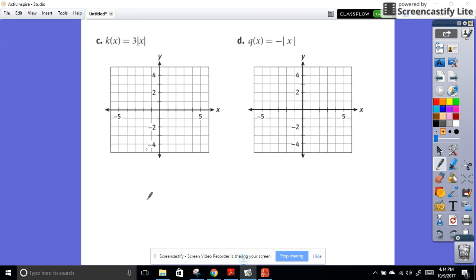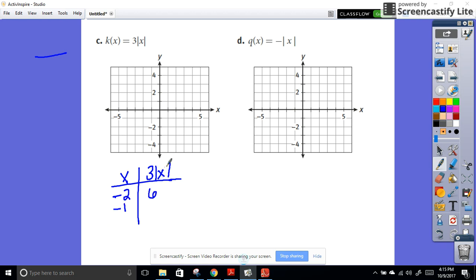Okay, they want us to do 3x. Now again, if we had to do it by a table of values, we'd just simply pick x, and over here would be the absolute value of x. Plug in -2. The absolute value of -2 is +2. 2 times 3 is 6.